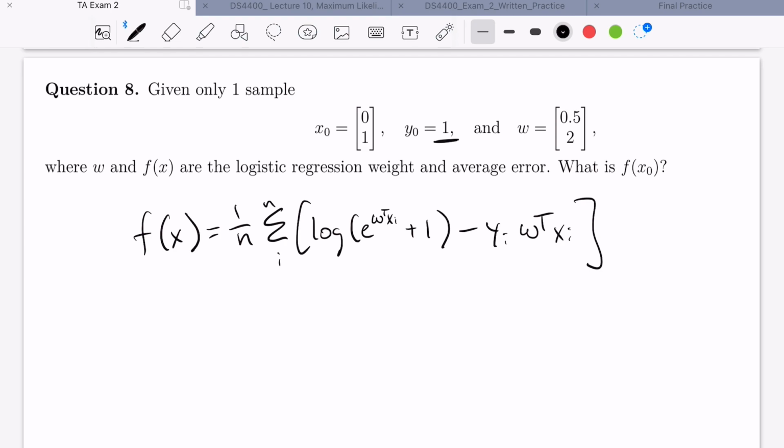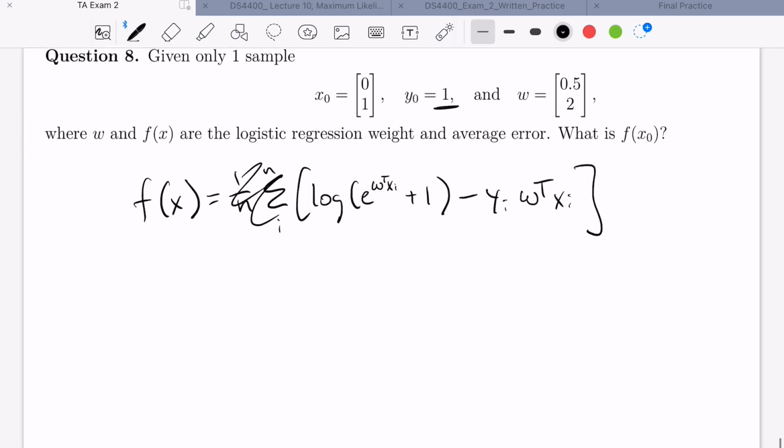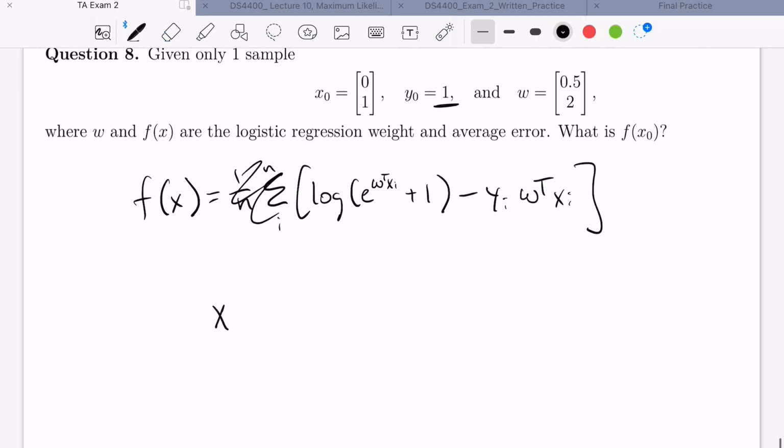So in this case, we only have one sample, so we can get rid of this sum, and xi just becomes x0, so f of x0. Actually, just to speed this up, we know that x0 transpose w is going to equal 0, 1, times 0.5, 2.